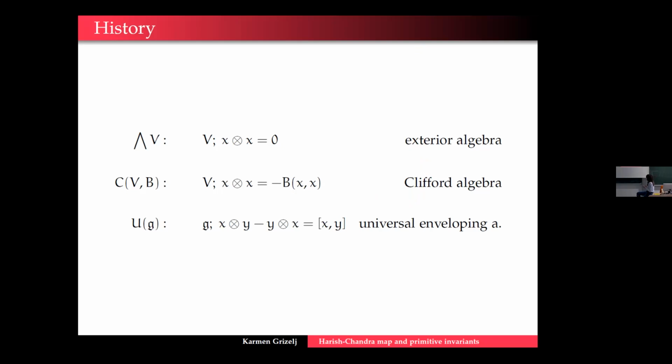The only infinite dimensional algebra I'll be needing is the universal enveloping algebra. As I said, any associative algebra is automatically a Lie algebra with the Lie bracket defined in that way, but not every Lie algebra is an associative algebra.